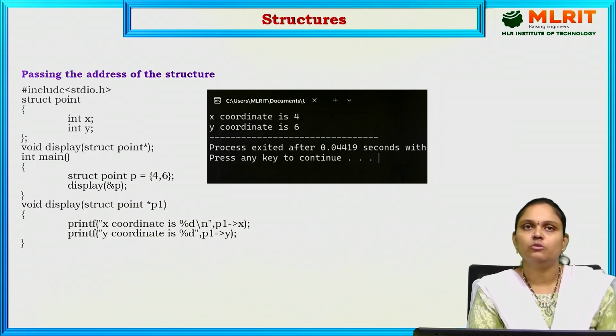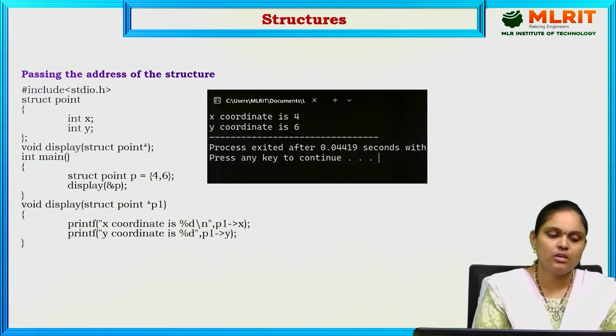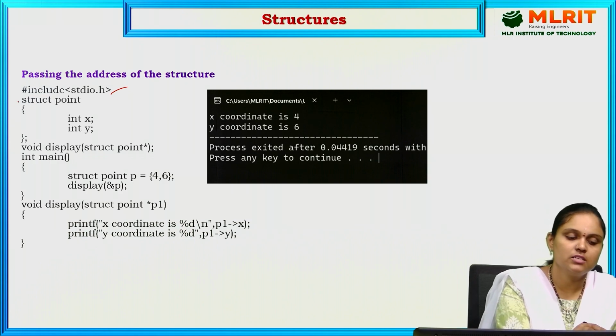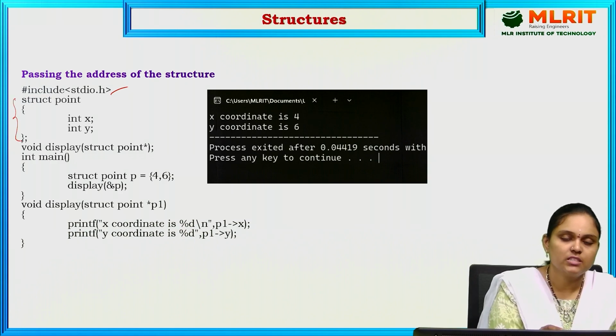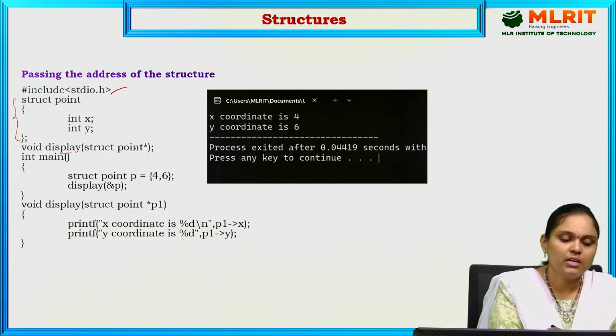The next one we are going to talk about is how we are going to pass the address of a structure to a function. For that we are taking one header file, and this is the structure variable, and the same structure example we are going to take, with a display function and the structure point, and one pointer variable here.